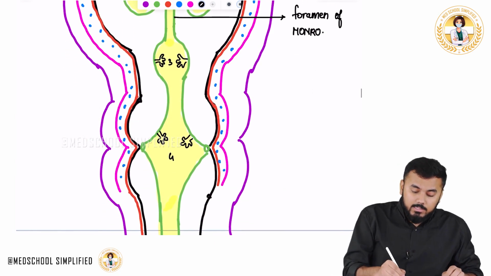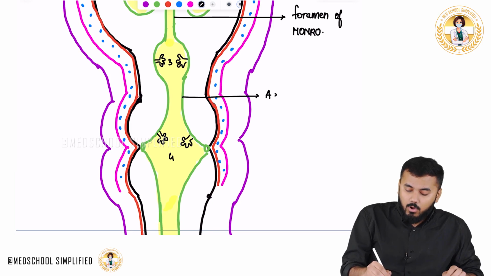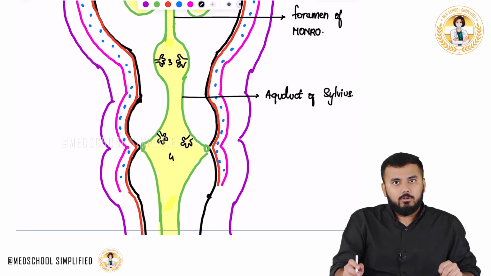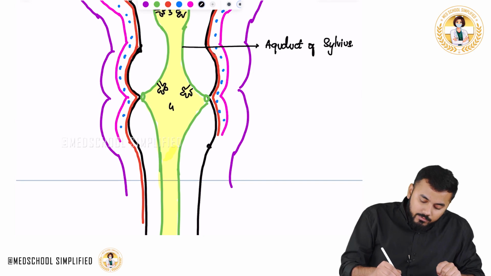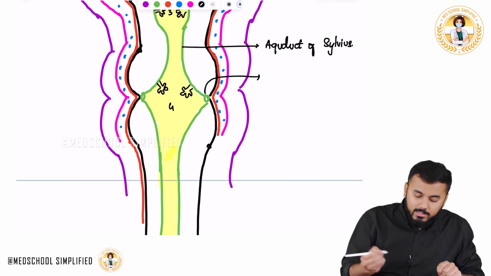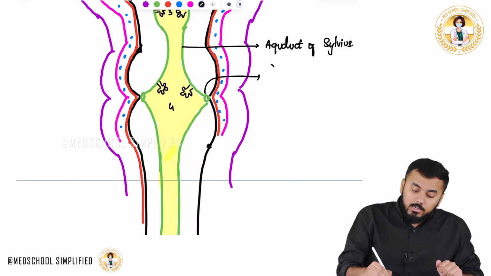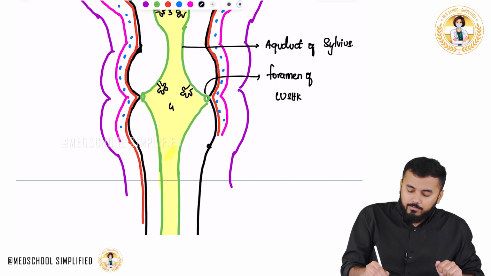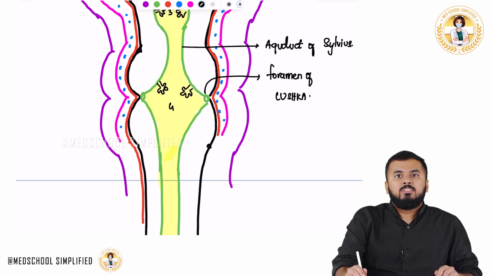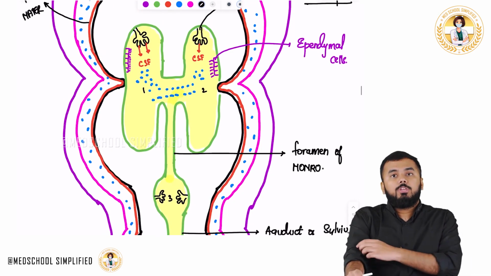And the third ventricle is connected to the fourth ventricle with the help of the aqueduct of Sylvius. Now after that, you can even see some small openings on either side in the pontomedullary junction. This is called the foramen of Luschka.